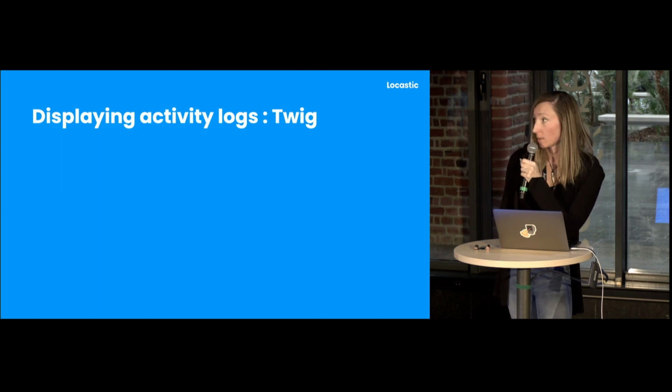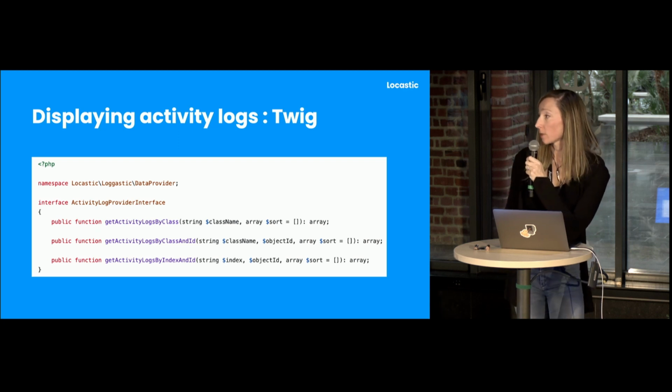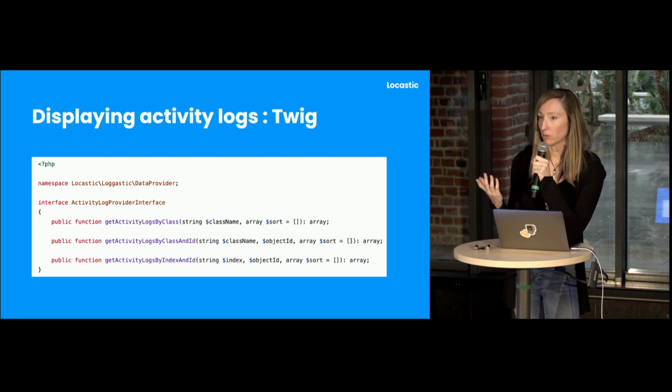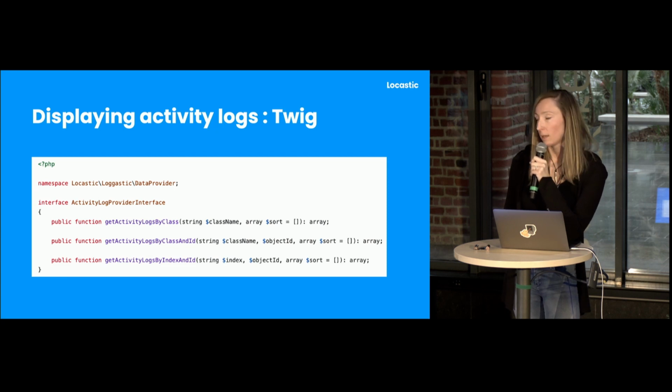Second example is to display activity logs in Twig. For that, we have this activity log provider interface, which comes with some useful methods for fetching the data from the Elasticsearch and returning an array of activity log objects, which you can just forward to some Twig view and then create your own design for displaying logs.